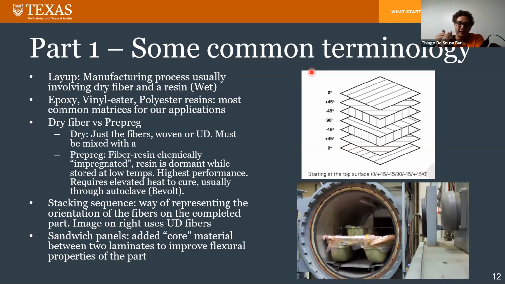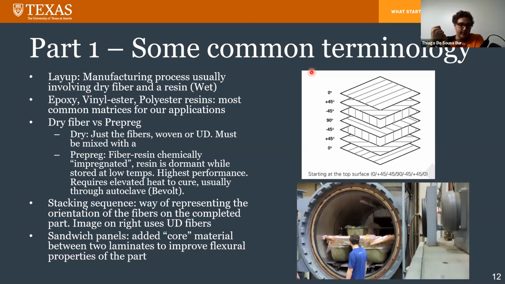I can leave it out for years. If I don't add temperature and pressure to it, it will not cure. Or at least it will not cure properly. It will expire and it won't be strong. So it requires an autoclave usually, and that's actually what you see at the bottom where we were loading the part onto. It's, in short, a huge pressure cooker. That's all it really is.